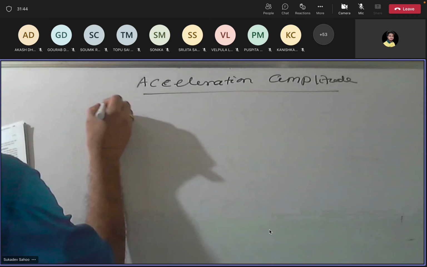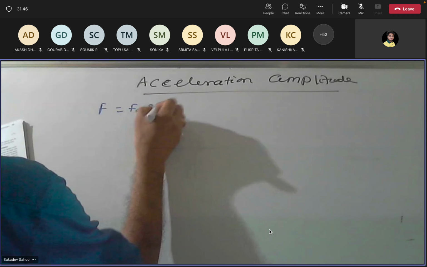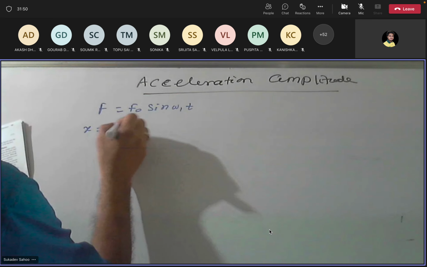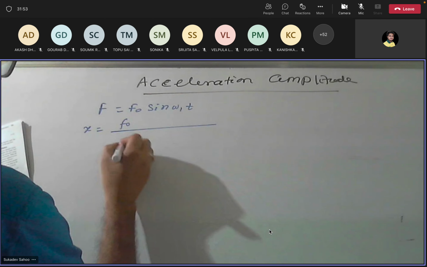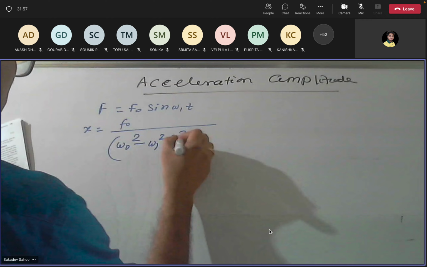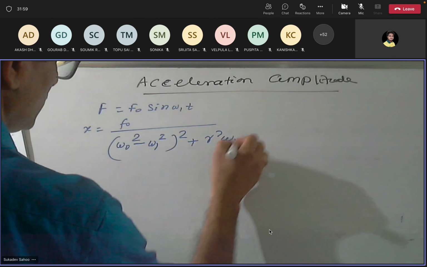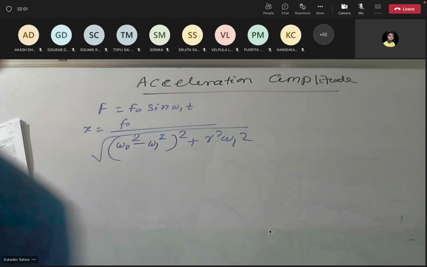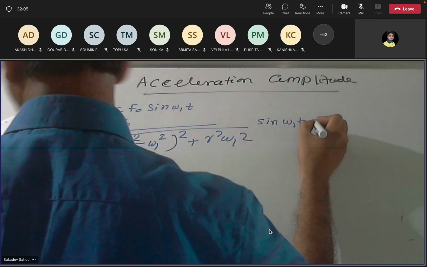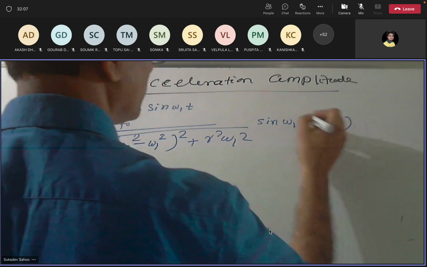Already we know that F equals F0 sine omega 1 t and x equals F0 divided by the square root of (omega 0 square minus omega 1 square) whole square plus gamma square omega 1 square, into sine (omega 1 t minus phi 1).